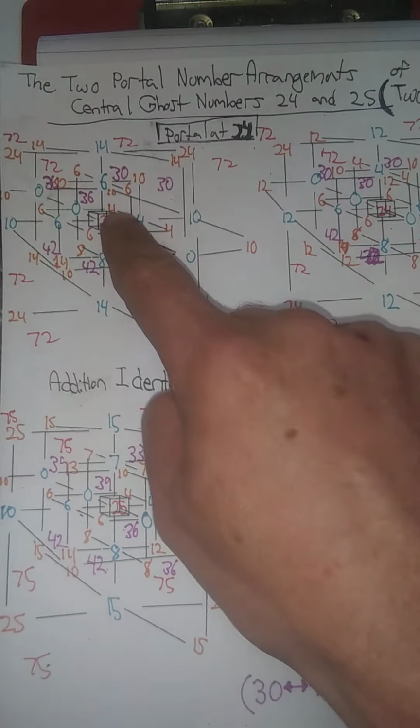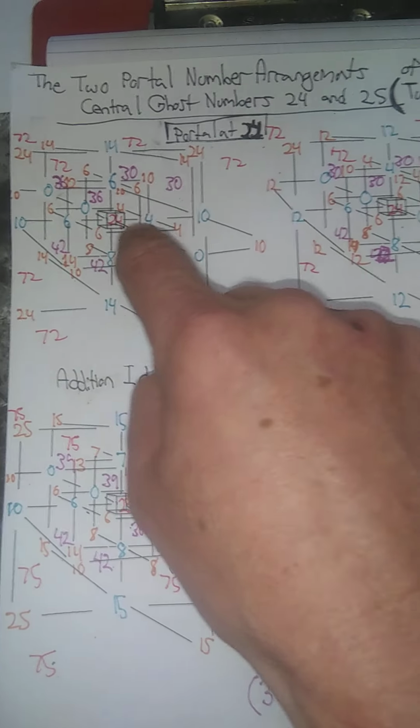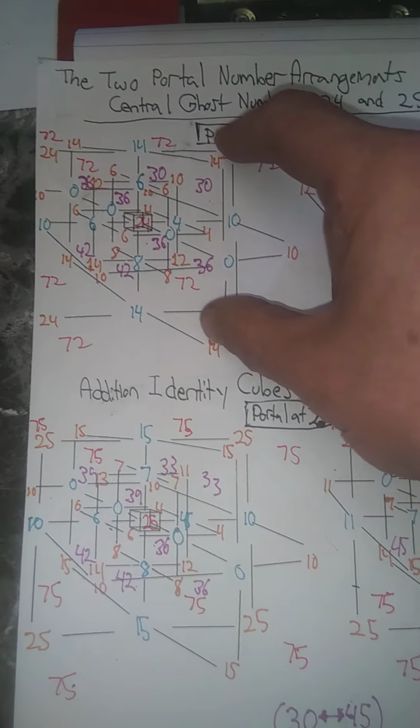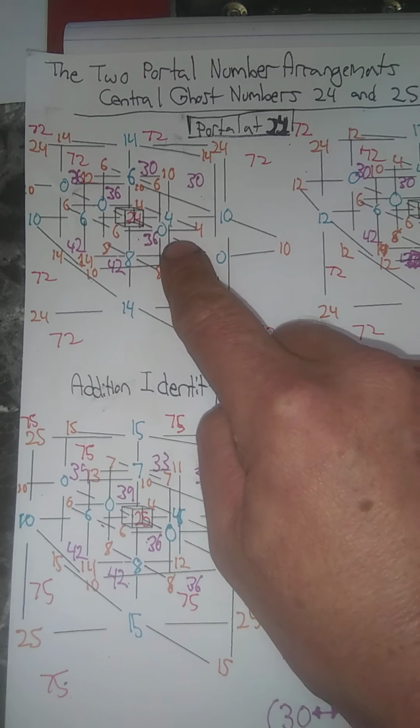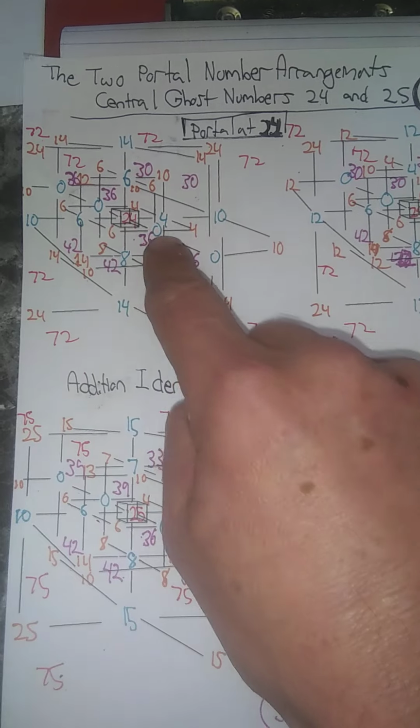So you can't switch 0 with 6, because the third axis wouldn't be suppressed.